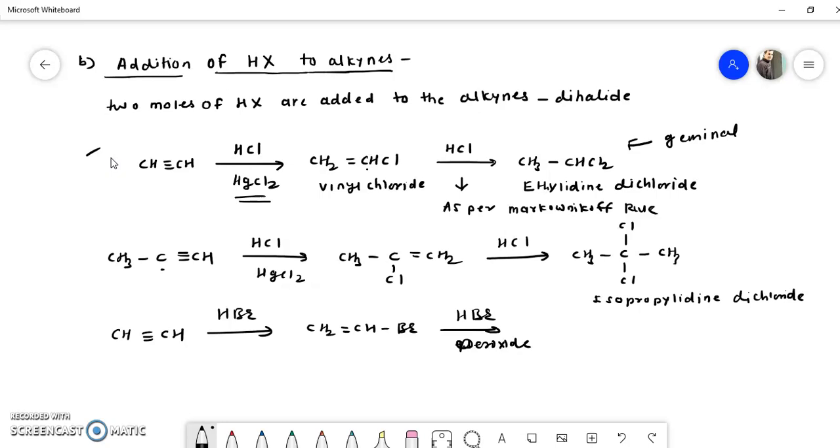So here the negative part of the adding reagent, that is Br minus, will get added to this carbon rather than this carbon, like anti-Markovnikov addition. So there is a formation of this product CH2Br CH2Br. So the name of this product is 1,2-dibromoethane.